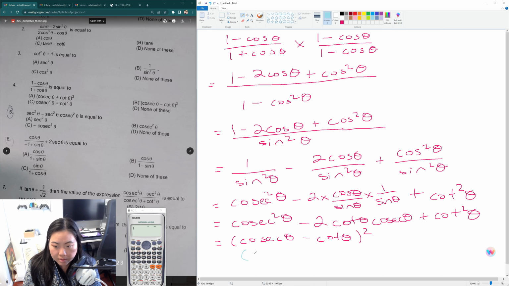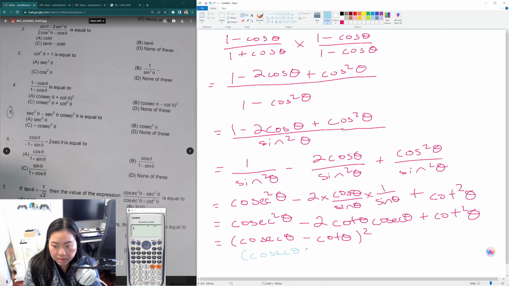To prove that, let's say we have cosec theta minus cot theta times cosec theta minus cot theta. When you multiply it out, you have cosec theta times cosec theta, which is cosec squared theta. Then cosec theta times minus cot theta, which is minus cot theta cosec theta.